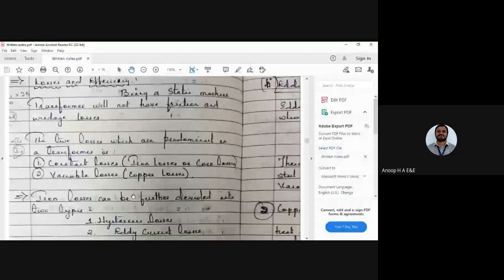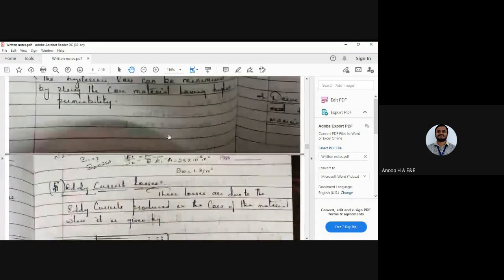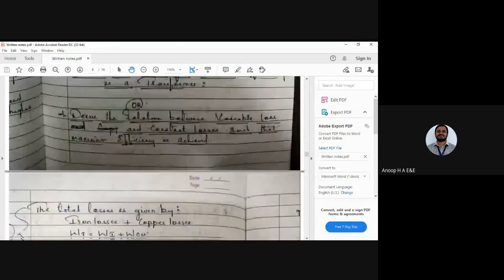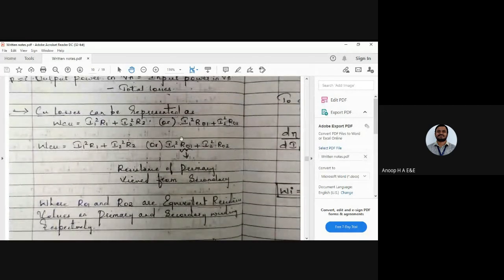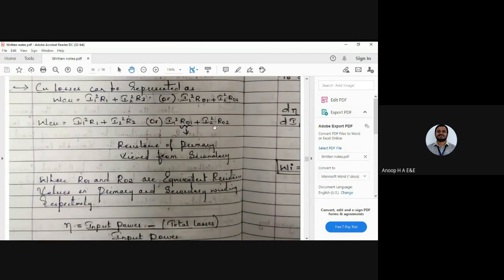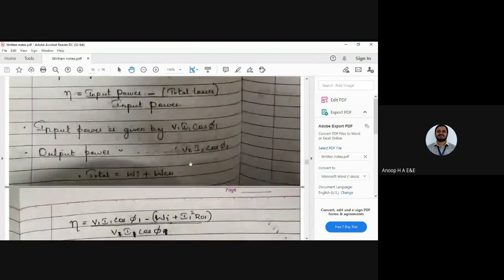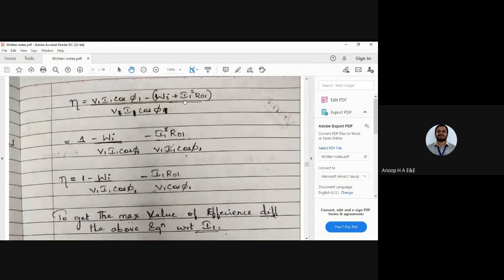You will be having all these expressions when I come to losses and efficiency of a transformer. So how do you carry out the derivation? As you can see, I1 squared RO1 you can write as the primary winding, and I2 squared RO2 you can write as the secondary winding. What Navya told is entirely correct. I'm writing it with respect to the output, but you can write it with respect to input also, so you have to change the differentiation parameter there.